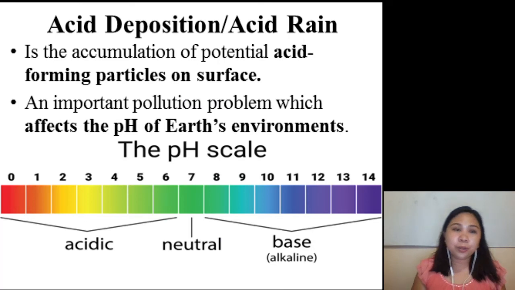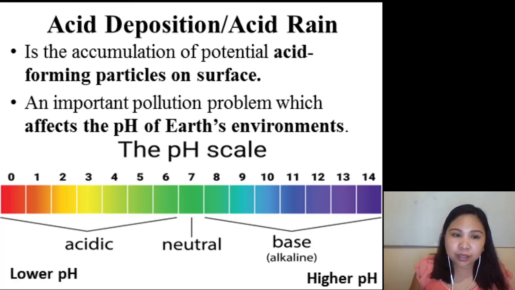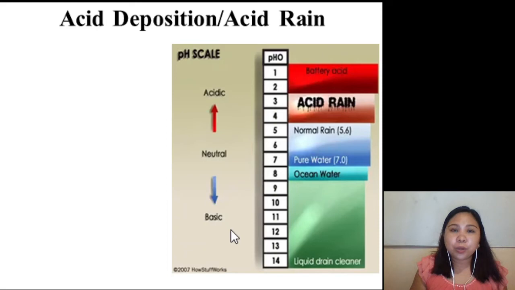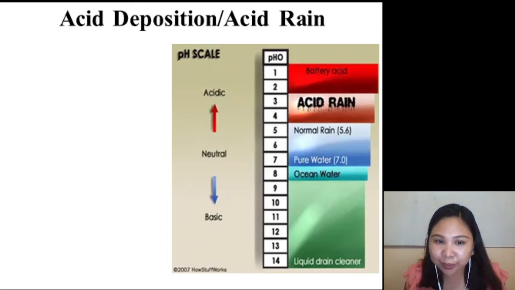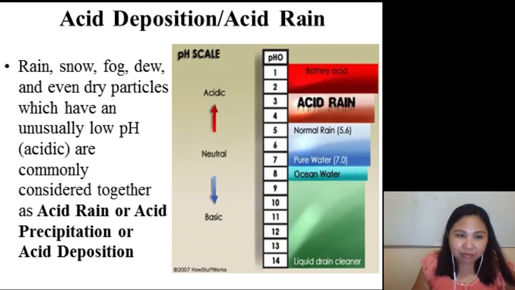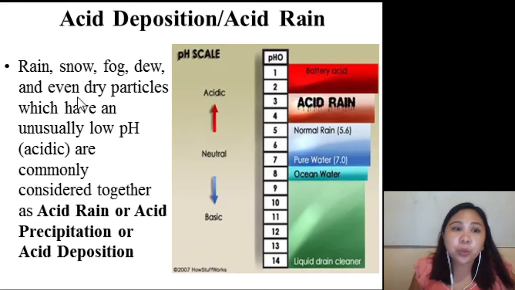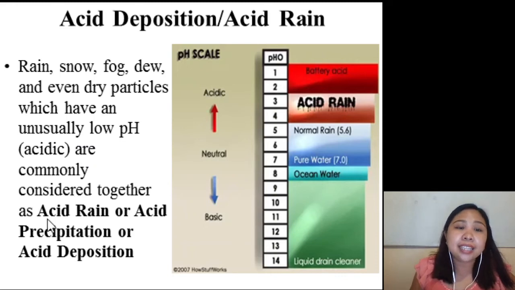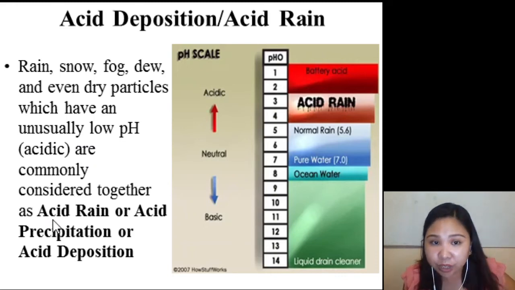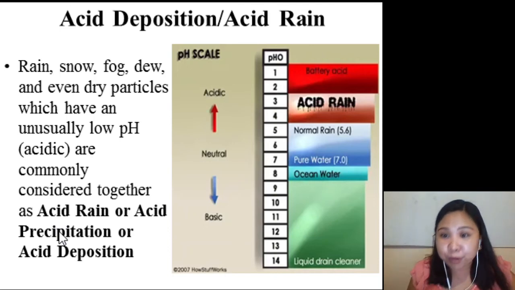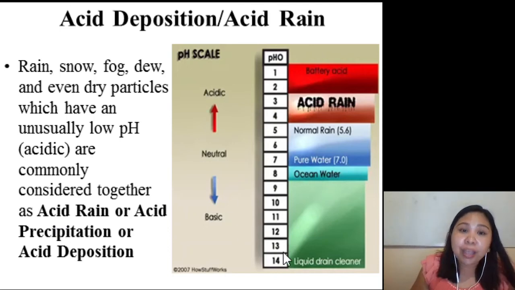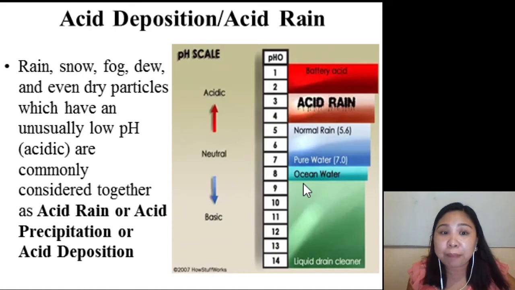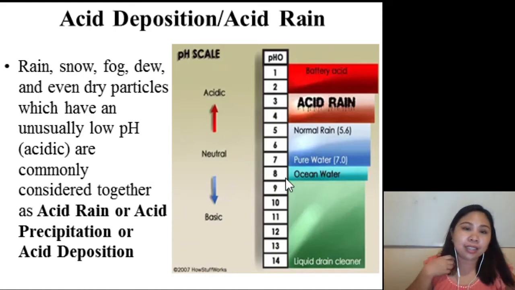Okay? So, na-discuss ko na to, lower pH and higher pH. To give you an idea, eto yung mga pH ng mga iba't ibang water. Ito po, rain, snow, fog, dew, and even dry particles which have an unusually low pH or acidic are considered together as acid rain or acid precipitation or acid deposition. Para mas maintindihan nyo, ang pH ng ocean water dapat 8, so it's slightly basic.